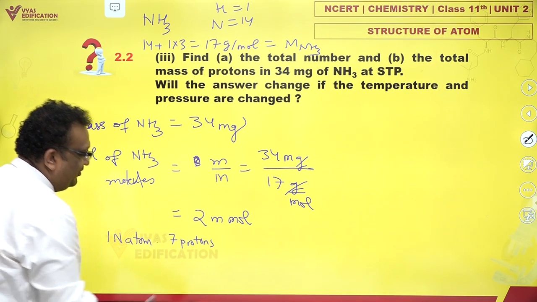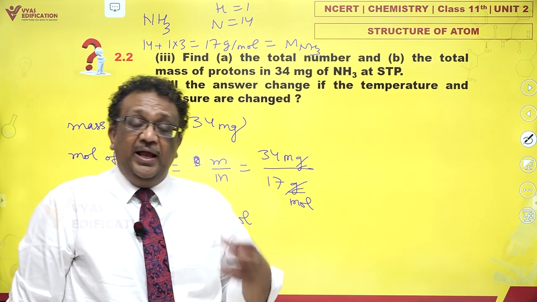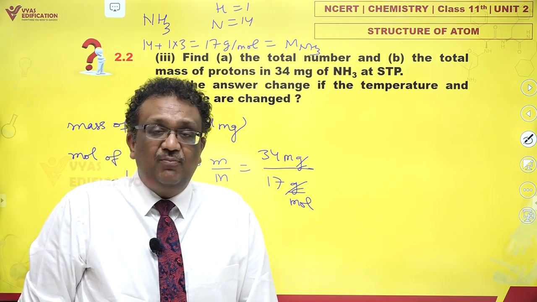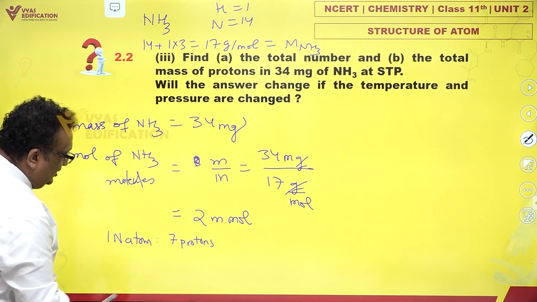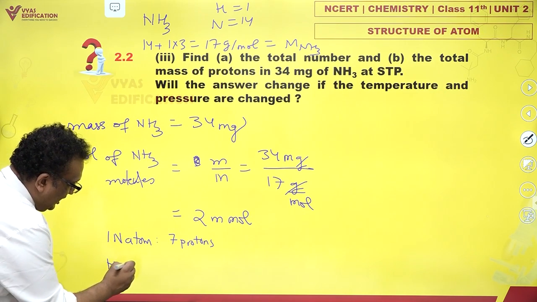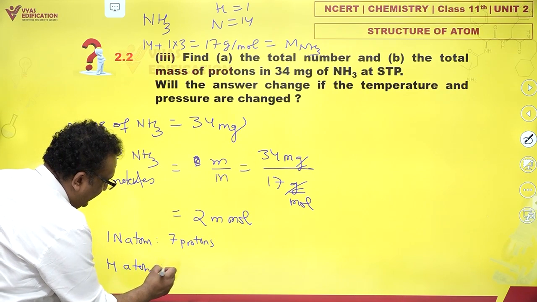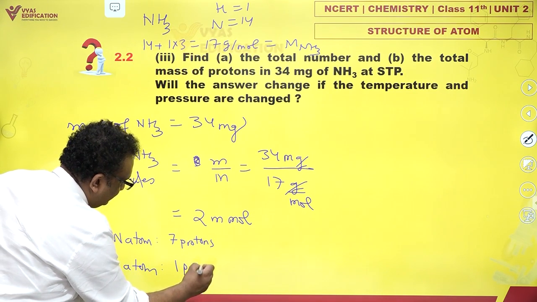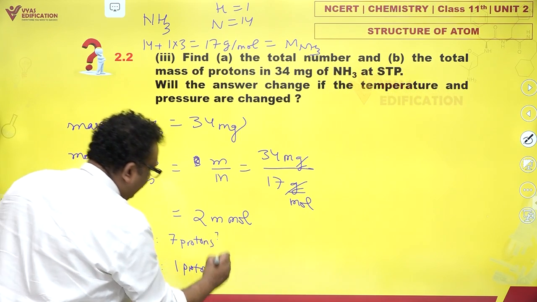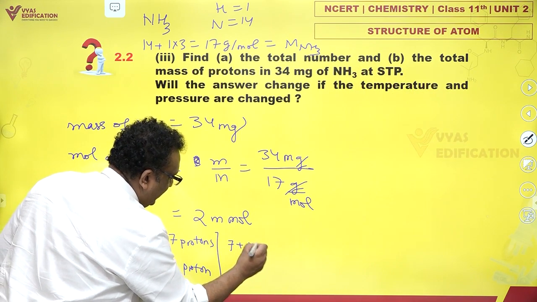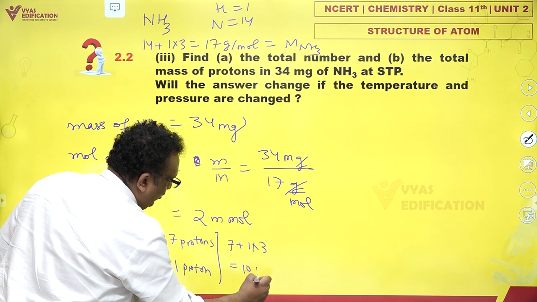One nitrogen atom contains 7 protons. Why? That is the definition of nitrogen atom. Any nucleus that contains 7 protons would be called nitrogen. From the periodic table we know that. Otherwise you should know that H atom contains 1 proton. So NH3 contains 7 plus 1 into 3, that means 10 protons.